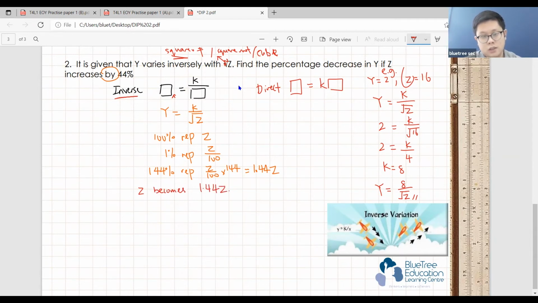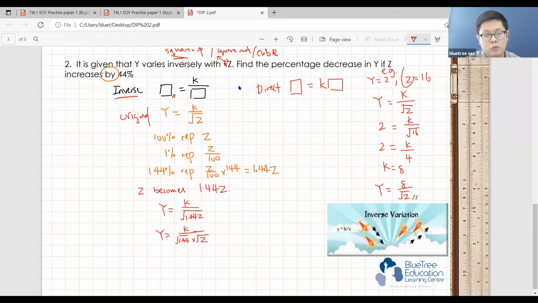All right, and since it's a new number now, the next thing we're going to do is to substitute the new z into the original equation here. And the next thing we want to do is to try and separate the number away from the algebra portion, which means that we will pull out the number, square root of the whole thing, right? Which means that it will be square root of both the number as well as square root of z.